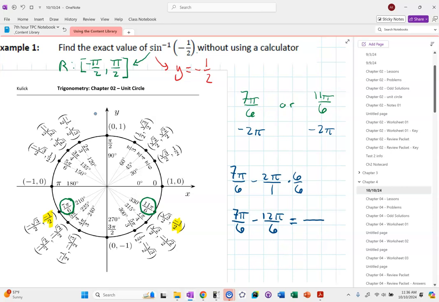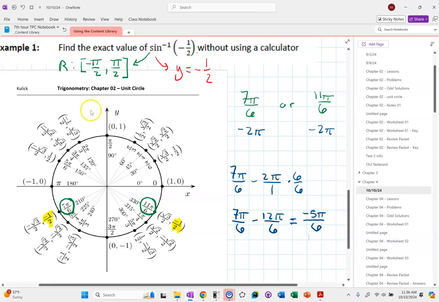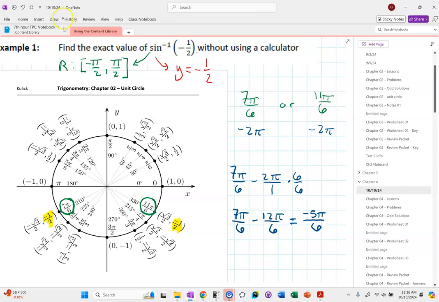You just subtract the numerators, right? What is 7 minus 12? So I have negative 5 pi, and the denominator always stays the same when we're adding and subtracting. So let's check now. Is negative 5/6 in between negative 1/2 and positive 1/2? No, that's too small. So this one is not going to work at all.